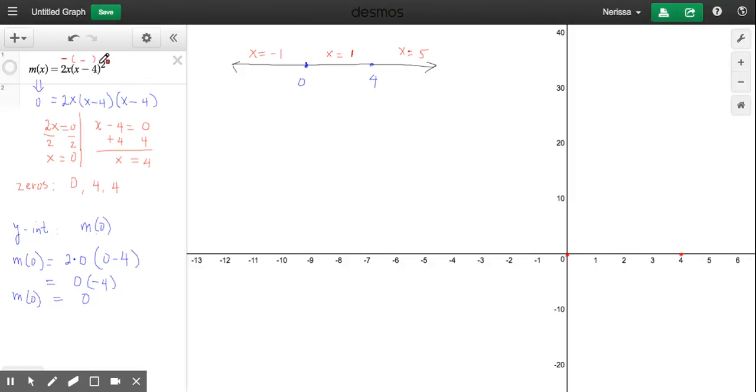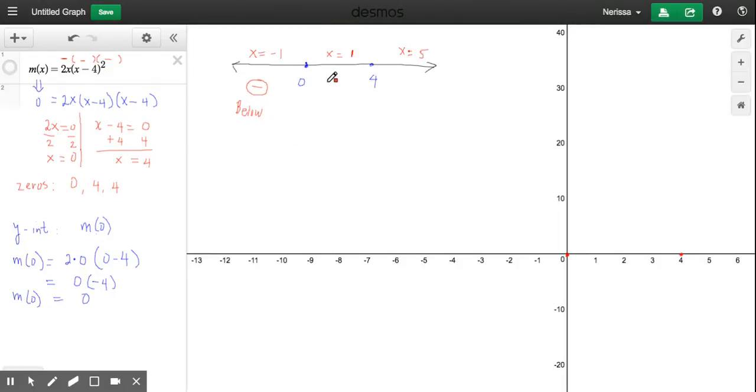But remember that this is squared, so we'll have another one here, which is negative. So we have negative times negative times negative. And that's going to give us a negative number. So in this interval, m of x is negative. Therefore, the graph should be below the x-axis.